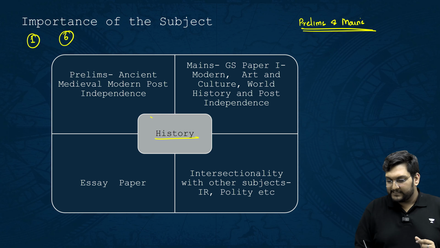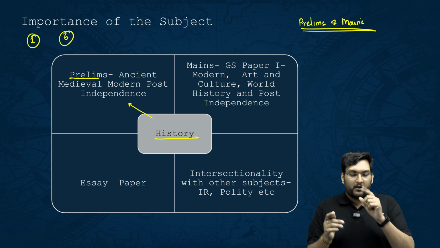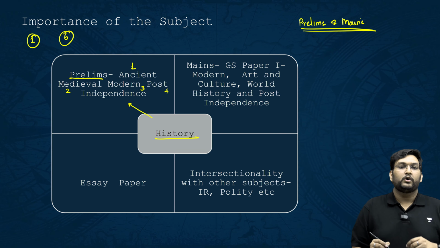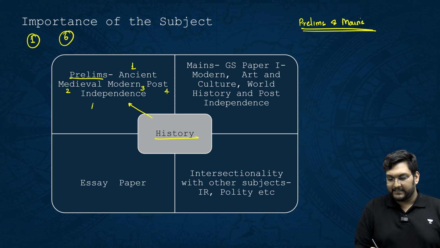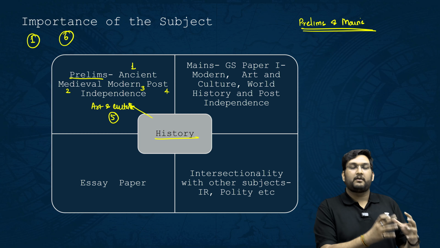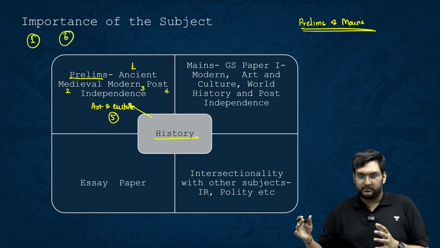First is prelims-oriented preparation, wherein you have ancient, medieval, modern, post-independence, which has recently come through, along with art and culture. These 5 components come together and create the section in the prelims examination, and I'll show you the trend of questions and the number of questions also.